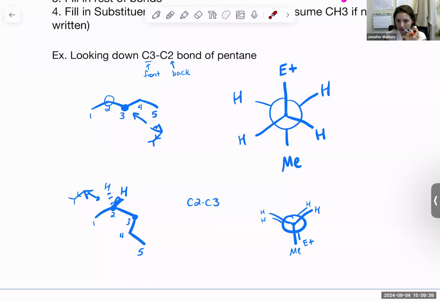Which way I turn this will determine which way the wedges go for left or right. So it all depends on what has to be in the front. So if this is my front carbon and this is carbon 2, then that means that my wedge is going to end up on my left side. So it's like I'm taking the structure and I'm turning it. It helps to have a model kit so you can physically turn it.